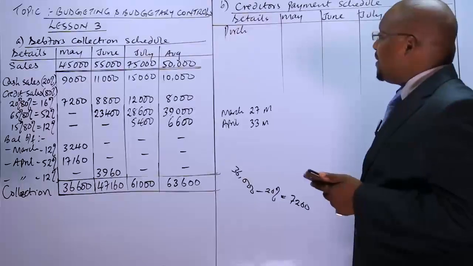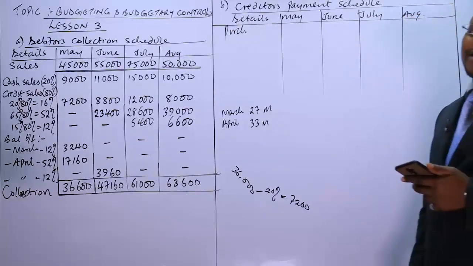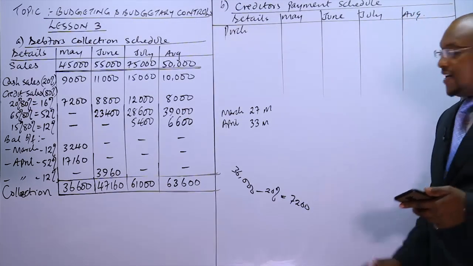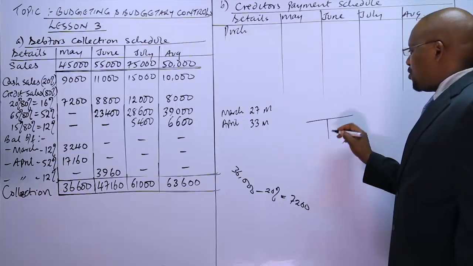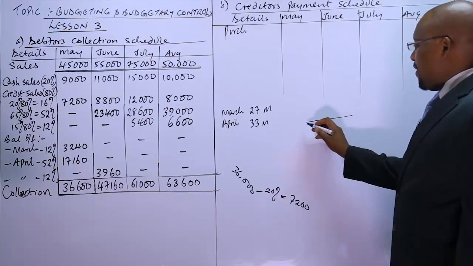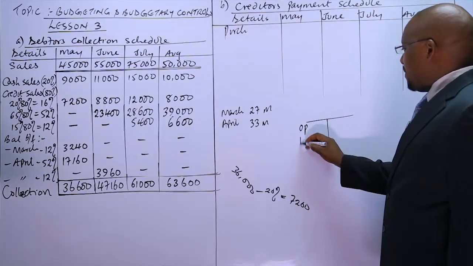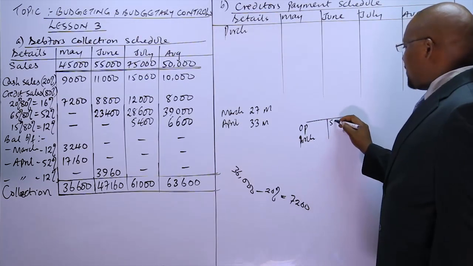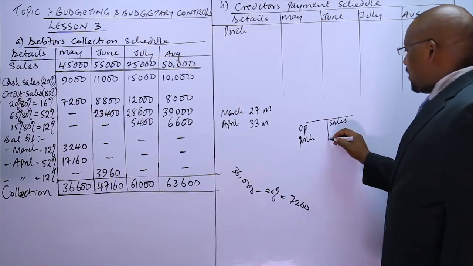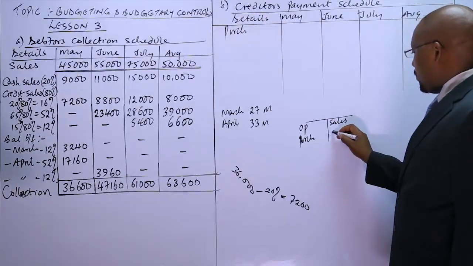So how do we determine the purchases when you have been given cost of sales? Now, this reminds you of what we call the trading account, where you have the opening stock. We have the purchases here. We have the sales. And we do have what we call the closing stock.